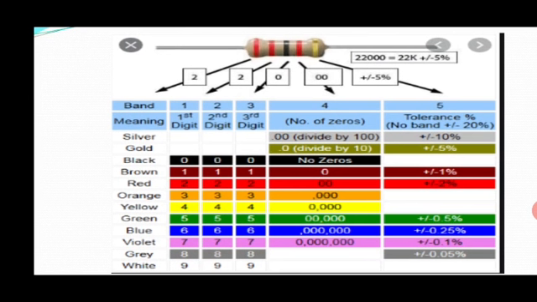Now the first color is black. The value of black is 0. Brown is 1, red 2, orange 3, yellow 4, green 5, blue 6, violet 7, gray 8, and white 9.